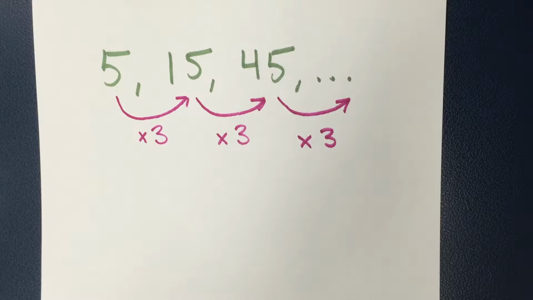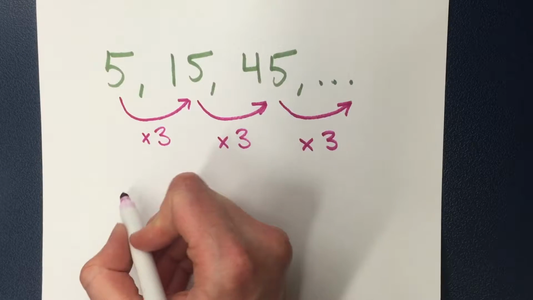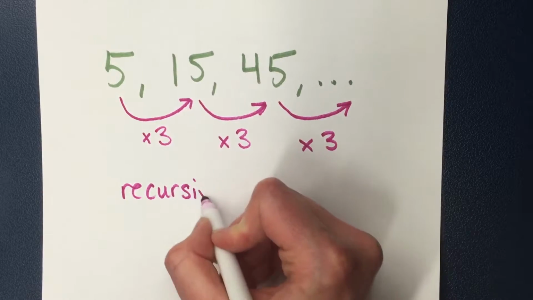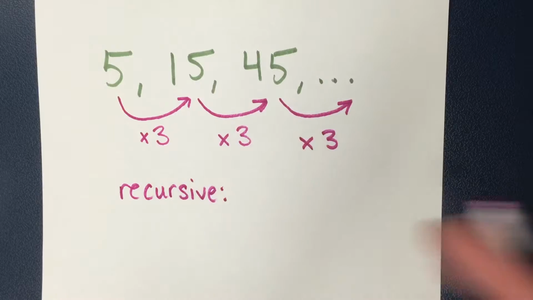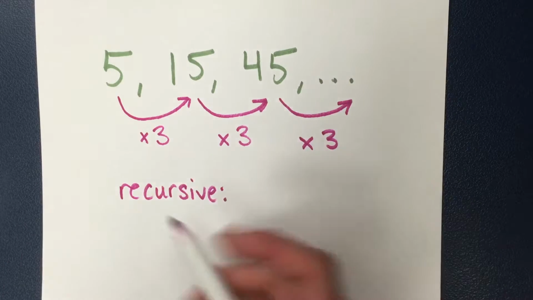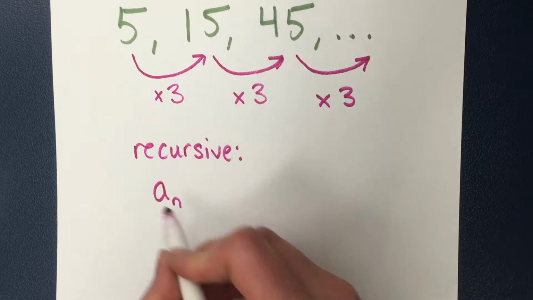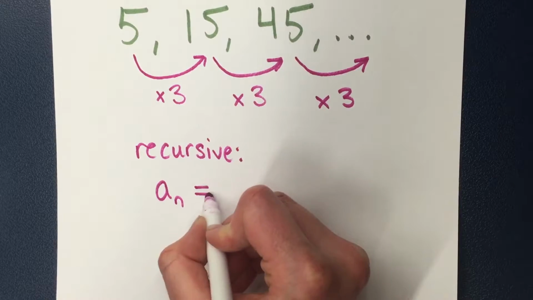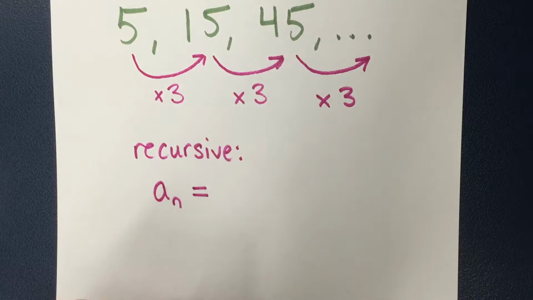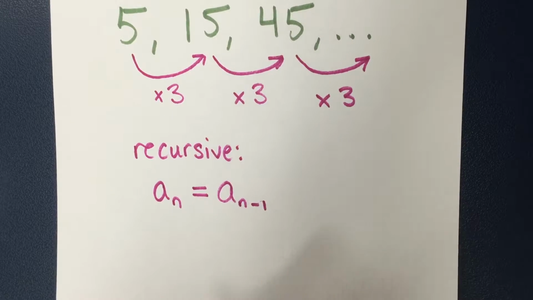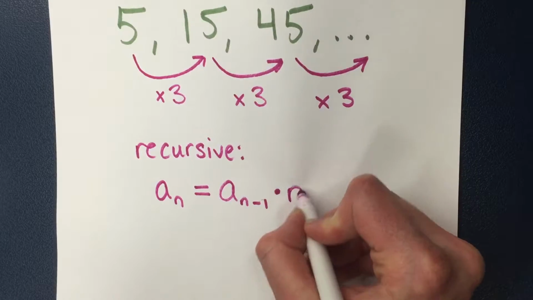So what this means is, as a recursive formula, so that's the one that we would have to use redundantly to get one term each as we go along, any term in this sequence, a sub n, would be equal to the element before it, so a sub n minus 1, times the common ratio.